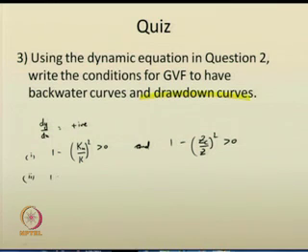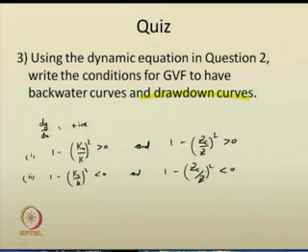The second condition was 1 minus k n by k whole squared less than 0 and 1 minus z c by z whole squared less than 0. These two are the criteria that have to be used in the dynamic equation for the flow to have backwater curves.